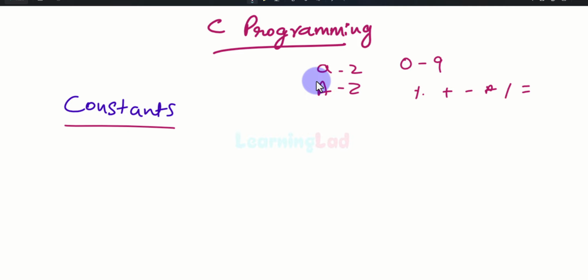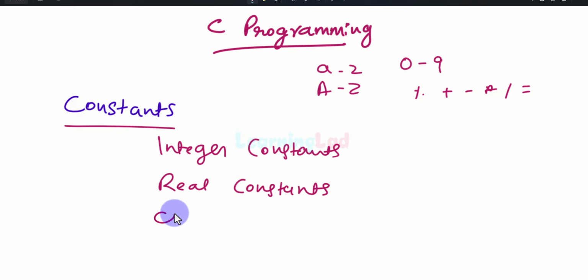A constant, as the name indicates, is something that doesn't change. In C language, a value that cannot be modified once it is defined is called a constant. In C programming language, we have integer constants, real constants, character constants, and string constants.